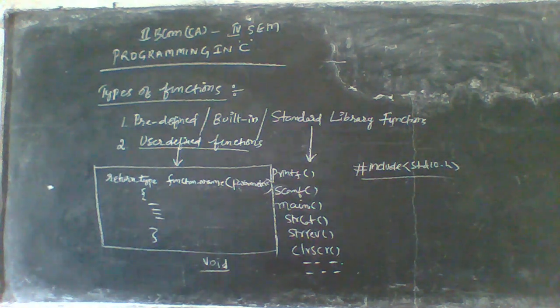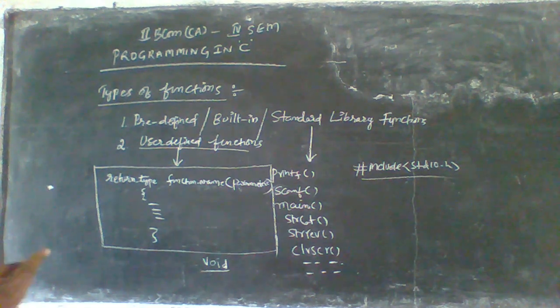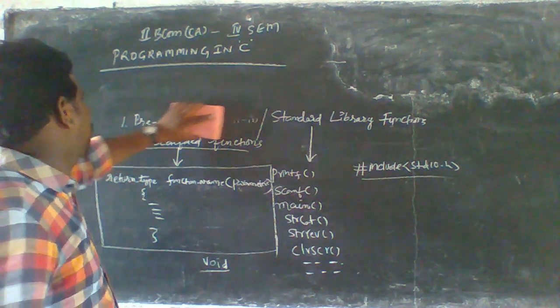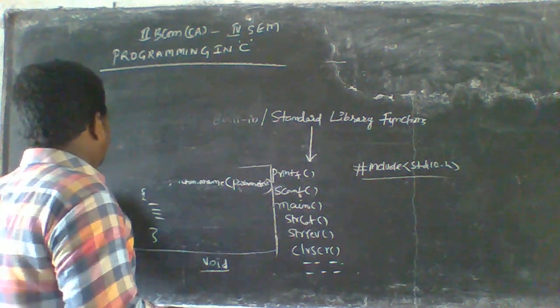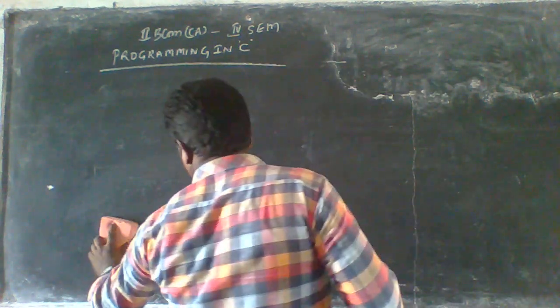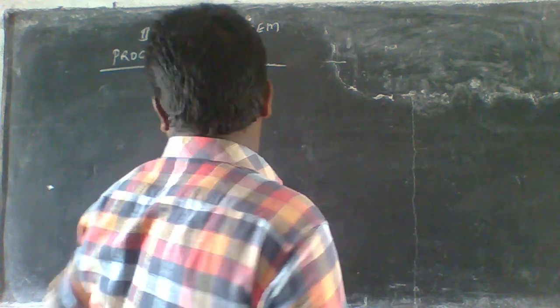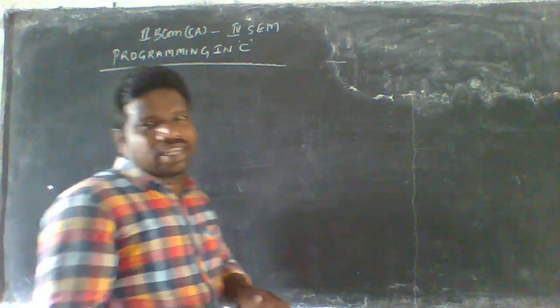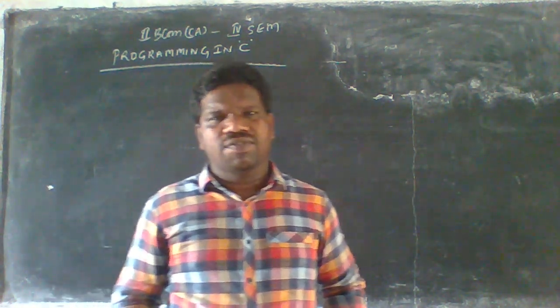So now I'm going to talk about the functions and their types here. I'm going to talk about the main four types of functions that are already used here. Yesterday I was talking about the four types of functions that are available here.